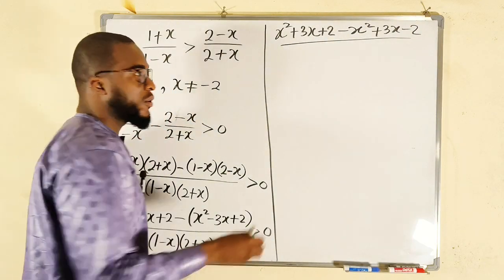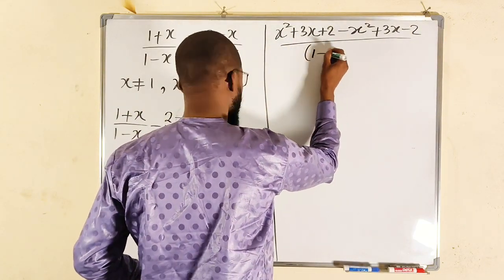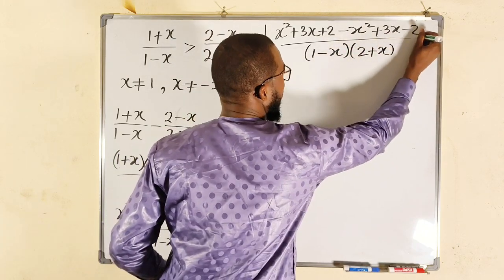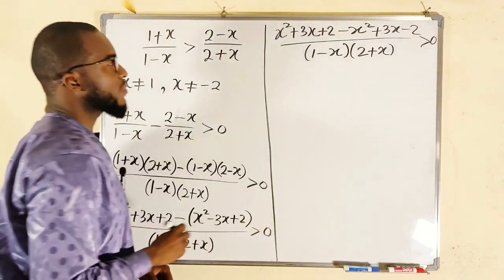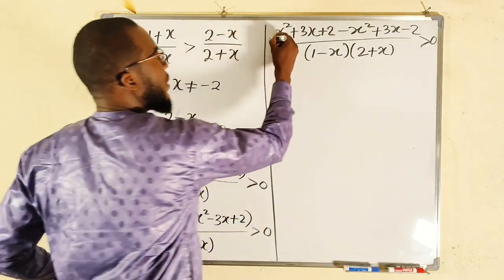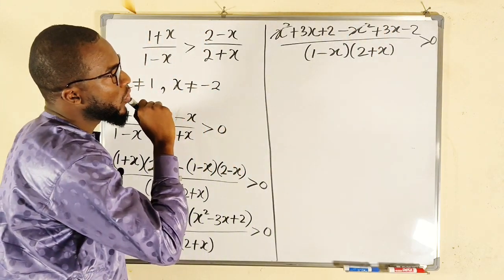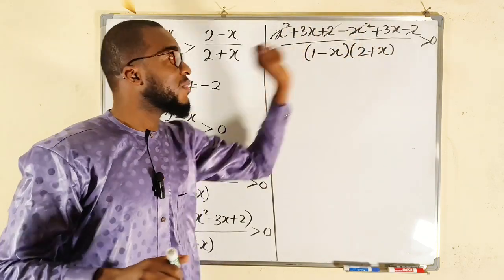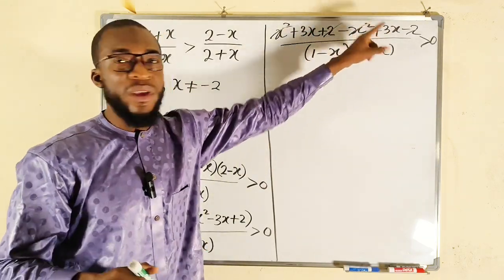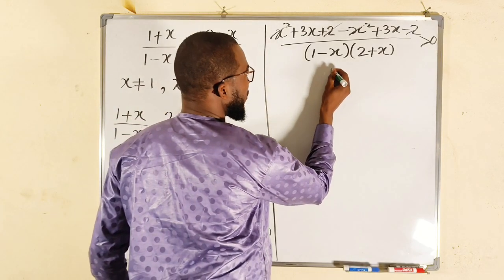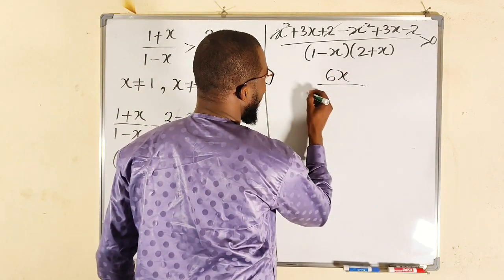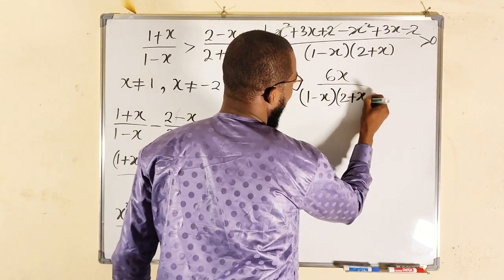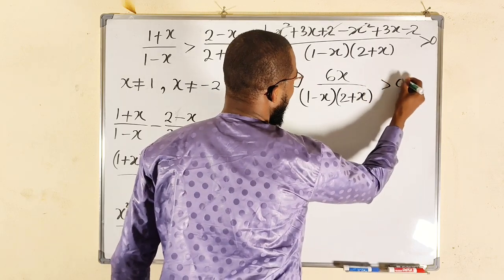Divided by these factors, (1 - x)(2 + x), it remains greater than 0. x squared will cancel x squared. 2 will cancel 2, because this is positive, the other one is negative. We have 3x, making 6x to the top. 6x divided by these factors, (1 - x)(2 + x), greater than 0.